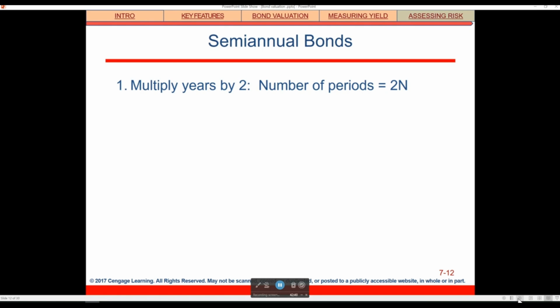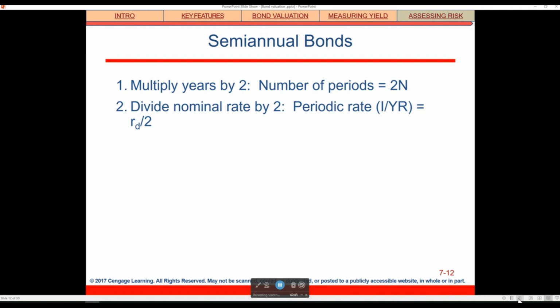So you're going to do 2 times 10 years, that would be 20. For the periodic rate, the yield to maturity is always given to you as an annual rate. So you're going to divide the yield to maturity by 2, and that will be the periodic rate that you're going to use in your calculation.